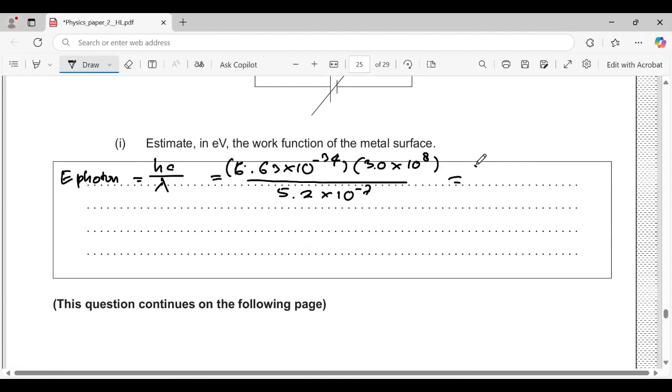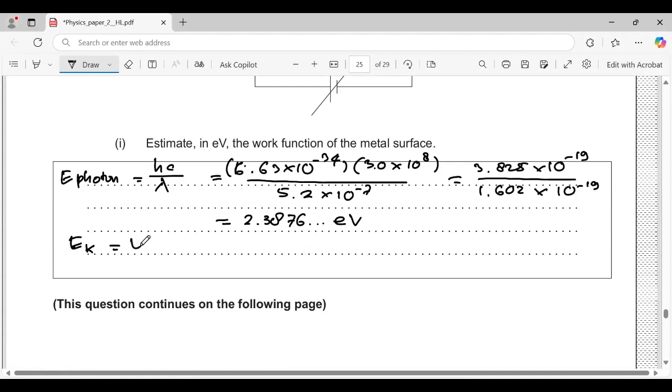And it's going to be 3.825 times 10 power minus 19 divided by 1.602 times 10 power minus 19. So it is 2.3876 electron volts.